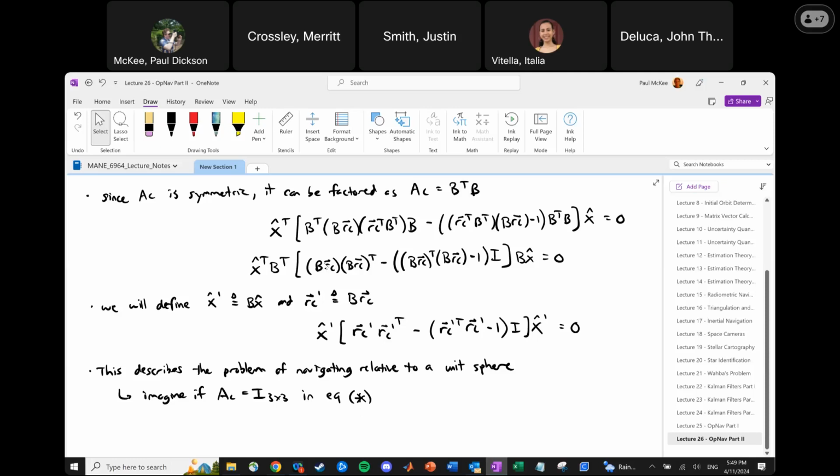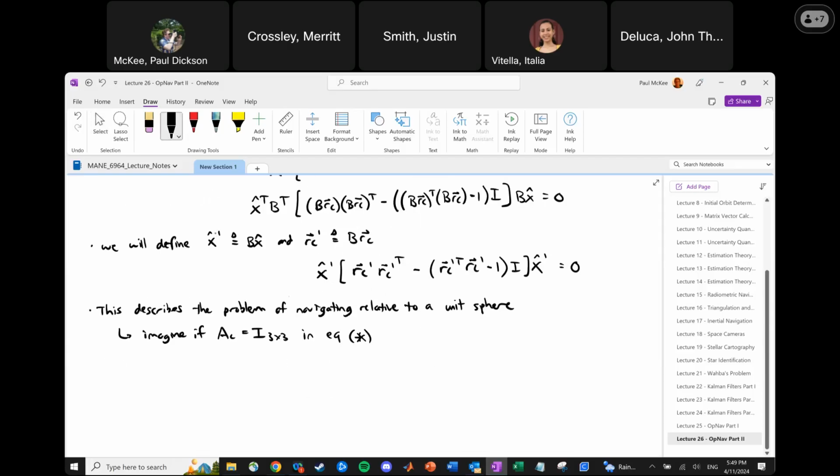Okay. So now let's try to better understand that matrix B. Continue to bear with me here. Recall that AC is B transpose B. So all we've done is factorize the planet shape matrix. But we also know that AC is the attitude transformation matrix from the principal frame to the camera frame, and then we've got the shape matrix in the principal frame, and then this is TCP.